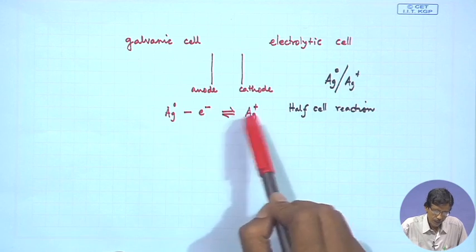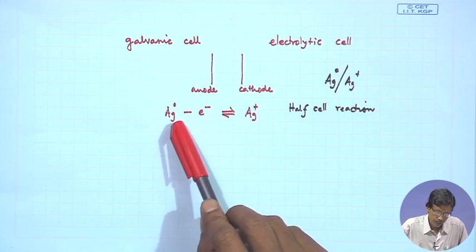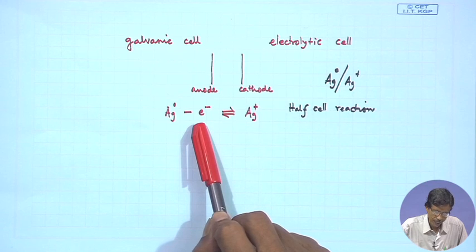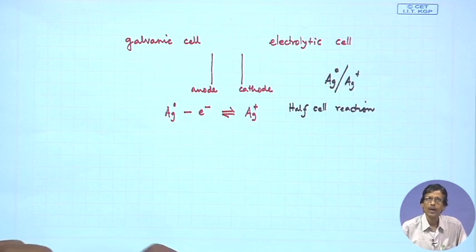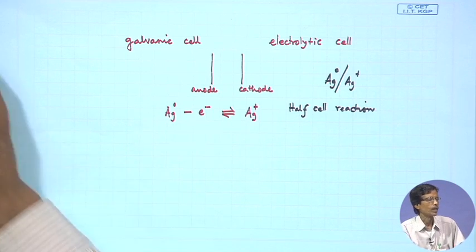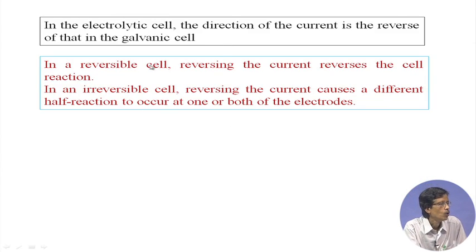Whether we can reverse it: if this is one electrode reaction, we can have another electrode, and the combination of these two electrodes gives rise to the corresponding electrochemical cell. If we have a reversible cell, reversing the current reverses the cell reaction.